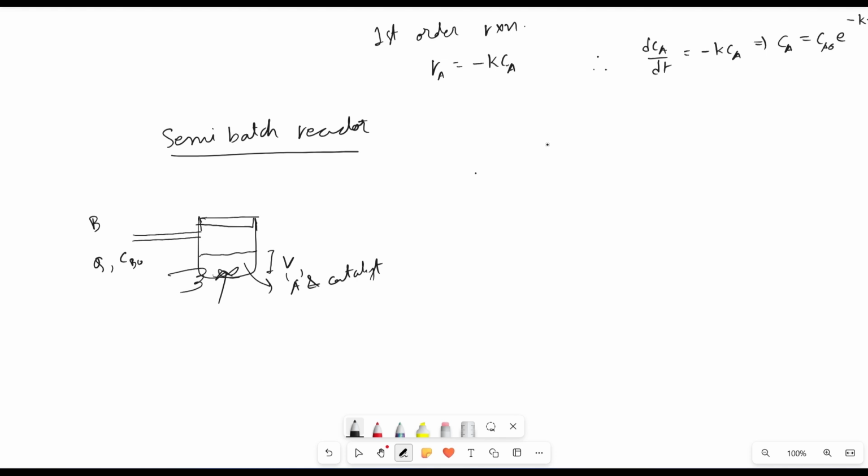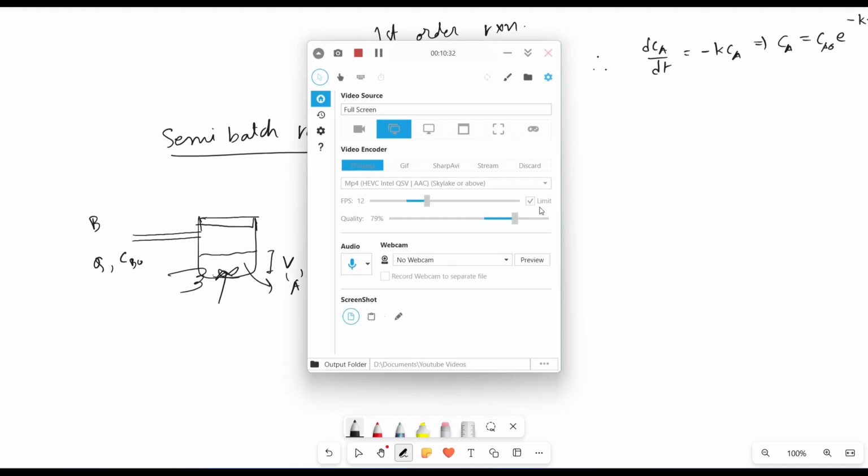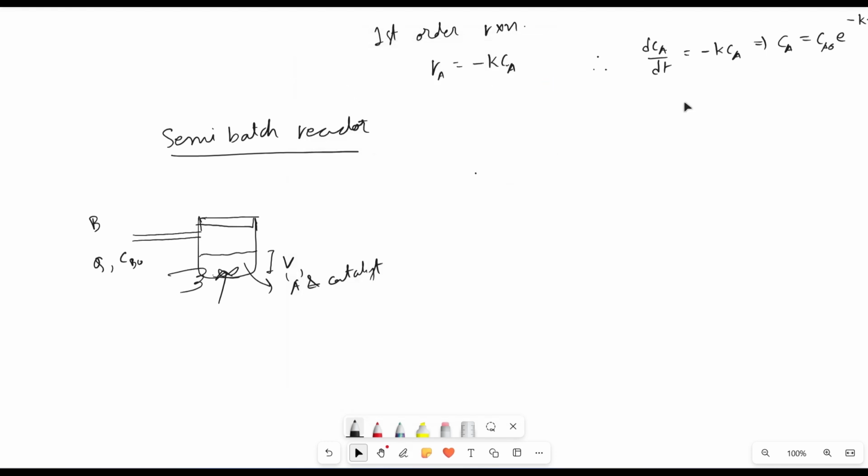Now to do the balance in the semi-batch reactor, we will take the balance of species A. There is no inlet of A, so the generation RAV is equal to dNA by dt plus 0, as there is no withdrawal from it.